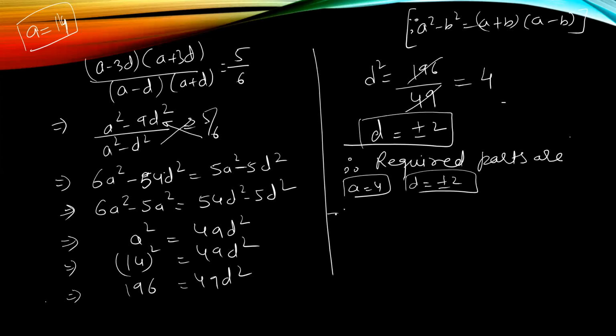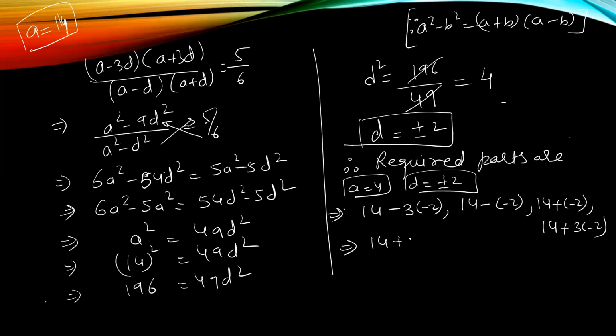So parts will be 14 minus 3 into minus 2, comma 14 minus minus 2, comma 14 plus minus 2, comma 14 plus 3 into minus 2, which will become 14 plus 6, comma 14 plus 2, comma 14 minus 2, comma 14 minus 6.